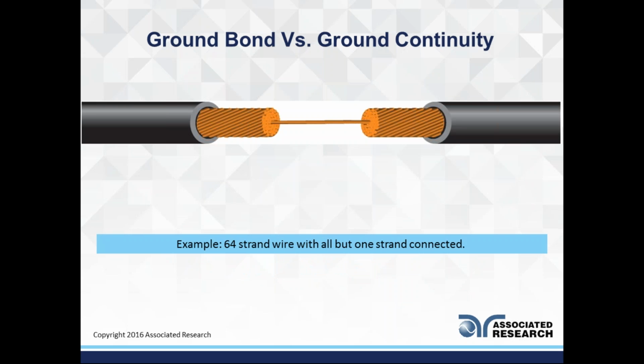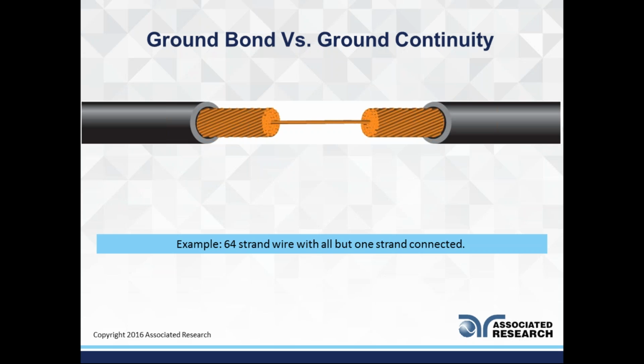So just to drive home the idea between ground bond and ground continuity. If you were to have a wire like this, it is absolutely going to pass ground continuity. But depending on how much current you're delivering in your ground bond test and for how long, this will probably not pass ground bond.